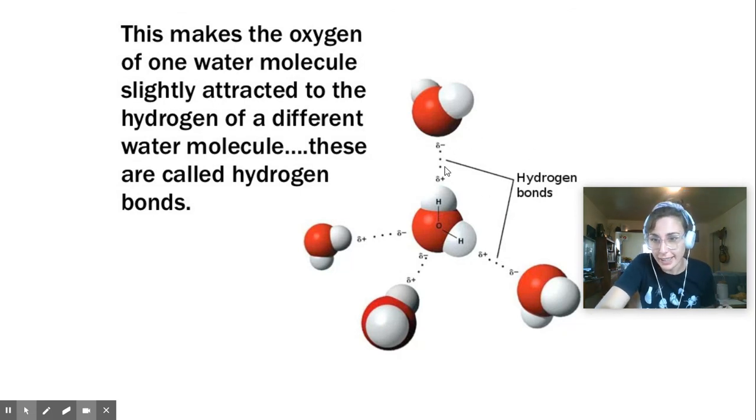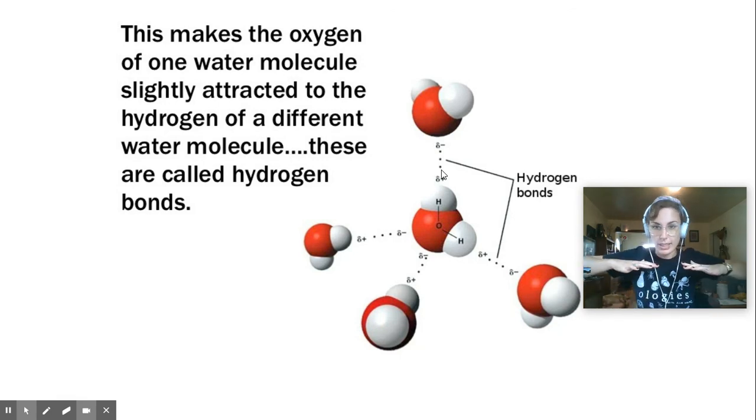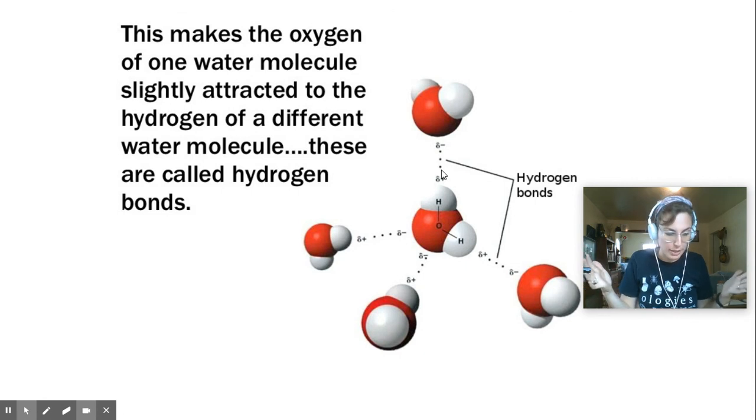Okay, and that's why if you were to jump from a really tall height into the water, it could kill you, because those hydrogen bonds, even though they're pretty weak, when they're so abundant and all together, they still create a pretty strong force.